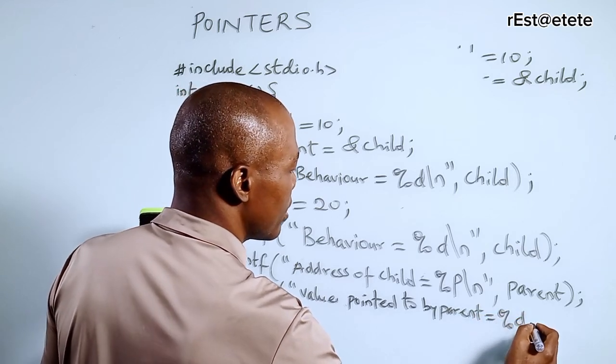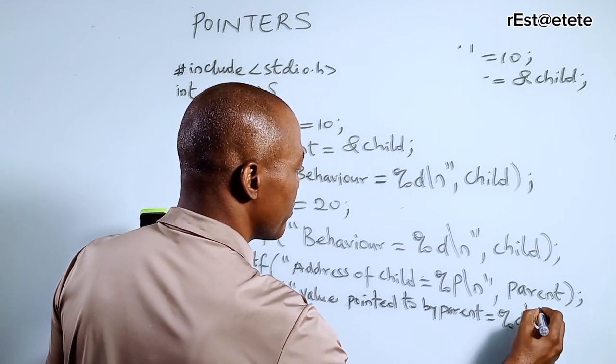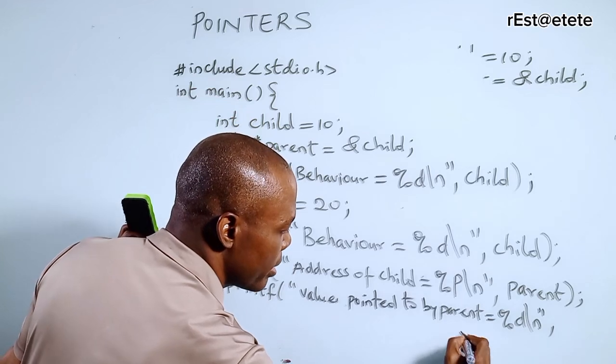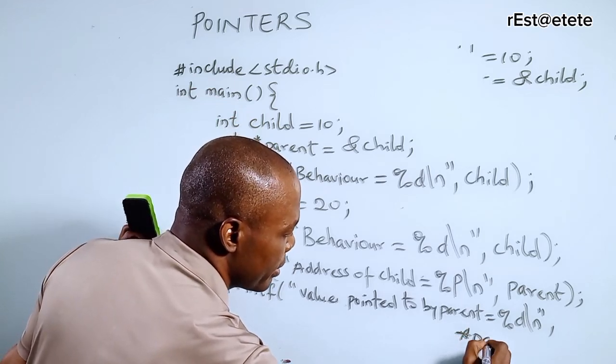Percentage d slash n, comma, you might not see that, so I'll just write asterisk parent.